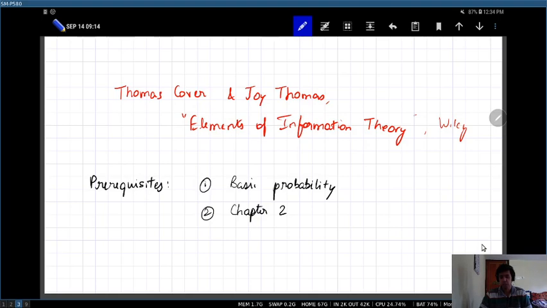And lossy source coding, also called rate distortion theory, where a small amount of distortion is tolerable. So the reconstructed file after decompression need not be exactly the same as the original file, and we're okay if there is some small difference between the final file and the original file.